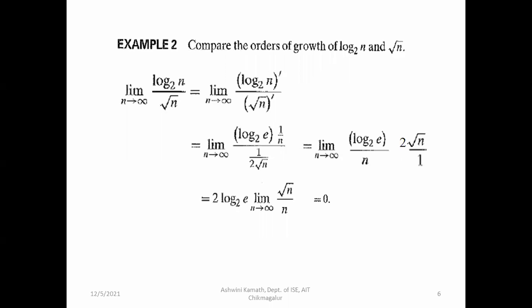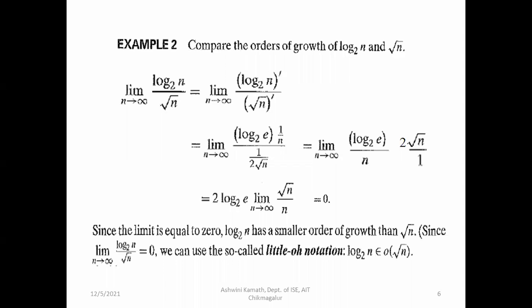That means what? When we have 0, log n to the base 2 has a smaller order of growth than square root of n, right? Since the limit is equal to 0, log n to the base 2 has a smaller order of growth than square root of n. But we cannot say that it is in big O of g of n.